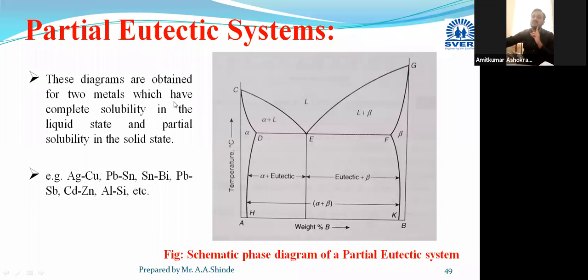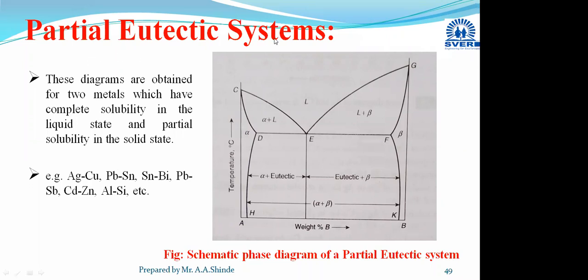When two metals have complete solubility in each other in liquid state and partial solubility in solid state, then we will get the partial eutectic system.